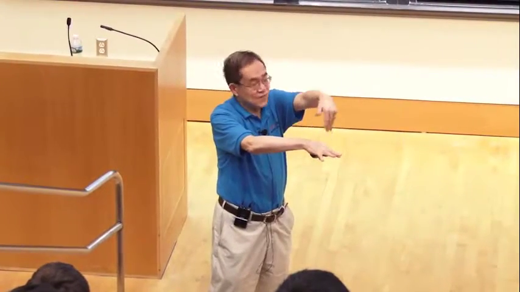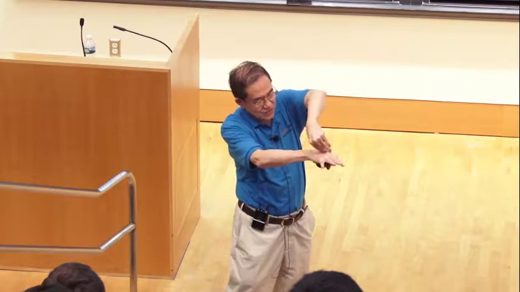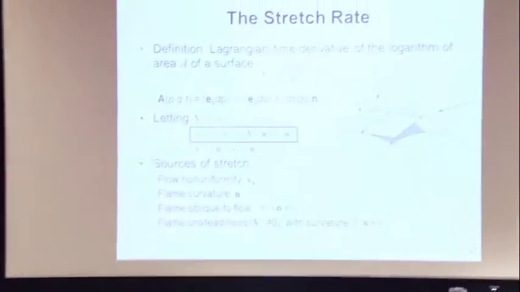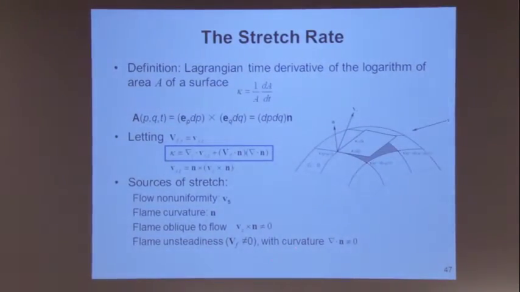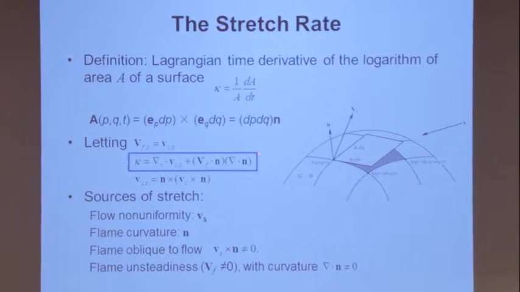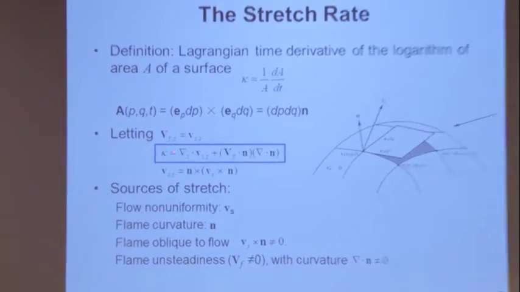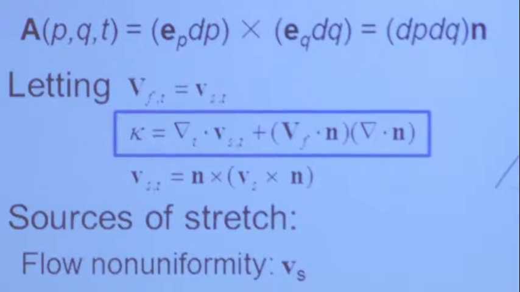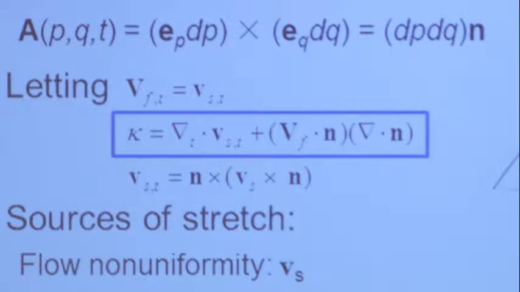If the flow is normal to the flame, then it cannot stretch its surface area. But if there's a tangential motion, it's going to move it. And also the flame has to be unsteady, with curvature. So I encourage you to study a little bit of this. It's a very rich formula, and people in fluid mechanics know this.